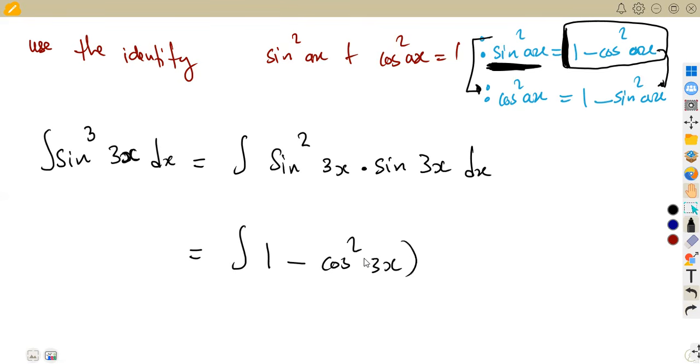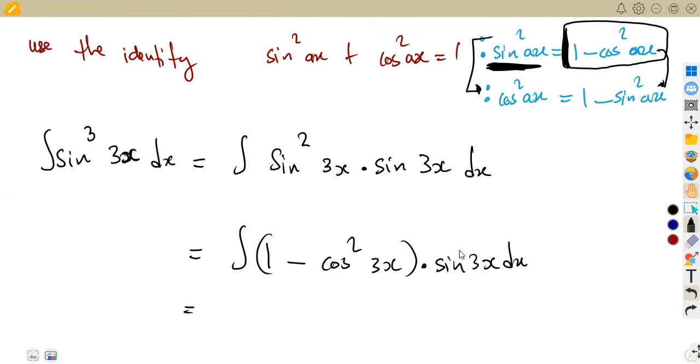Times sine 3x, which is outside of the bracket, but part of the integral. So at this stage, we can expand the brackets by sine 3x. I want you to see the miracle that is happening here.